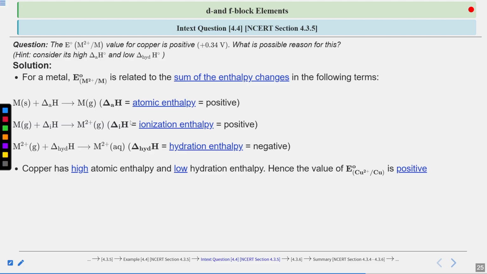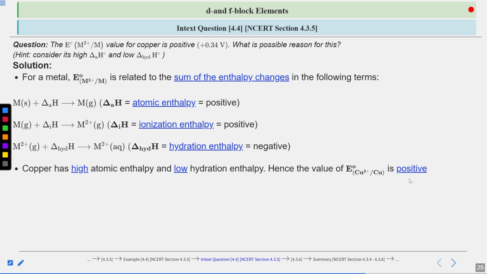High atomic enthalpy means the atomization step, and low hydration enthalpy means the conversion of M2 positive gaseous to M2 positive aqueous. Hence, the value of the E naught for copper is positive.